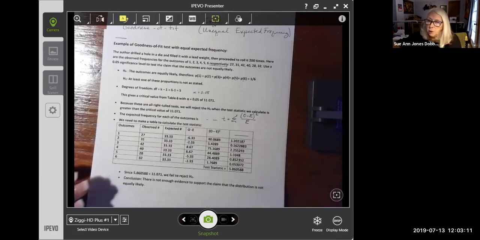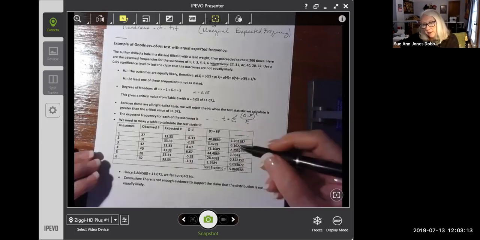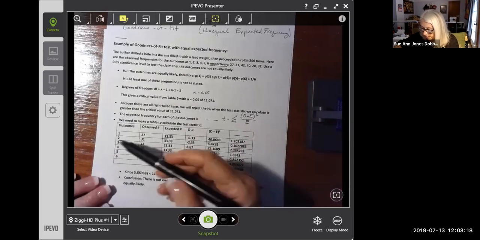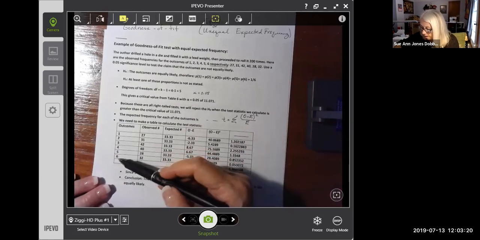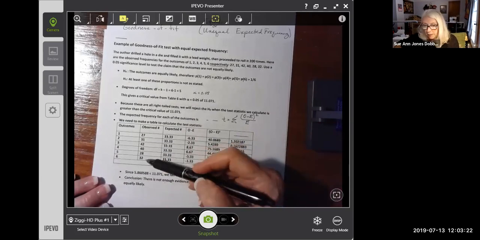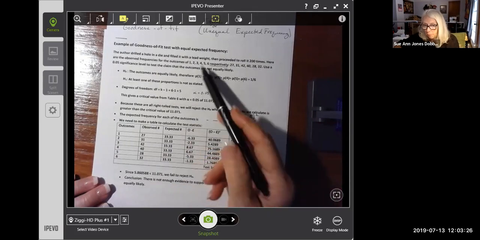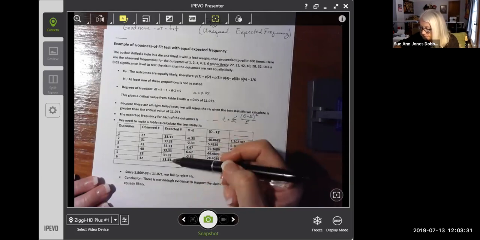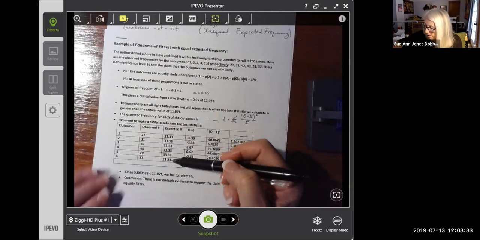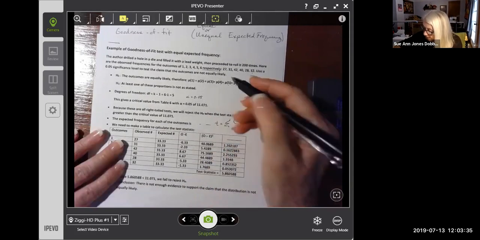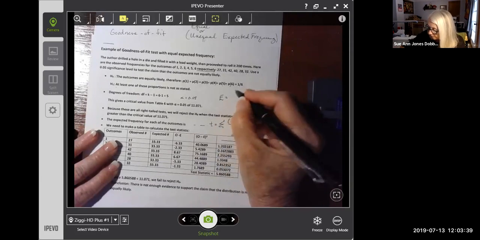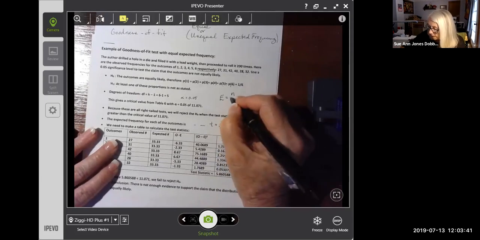Okay, the easiest way to do this is to actually put it in a table like this. So here are all my possible outcomes, and here are my observations of my possible outcomes. I took that directly from the description of the problem. My expected value here is 33.33 because my expected value is the number of times I repeat the experiment divided by the number of outcomes.